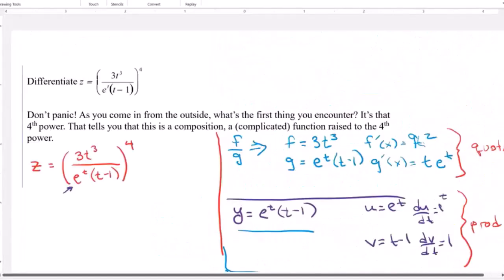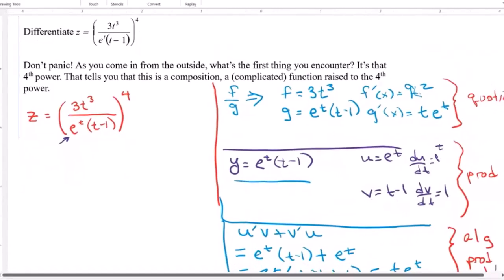Now, if I go back up to the top, I say z is equal to, okay, I'm just going to put a little piece in here. So I'm going to say, we've used u's and v's and f's and g's too much. So let's say w is equal to 3t to the 3rd over e to the t times t minus 1.